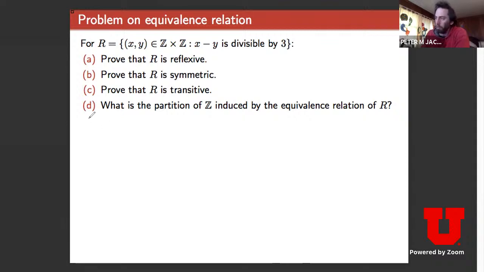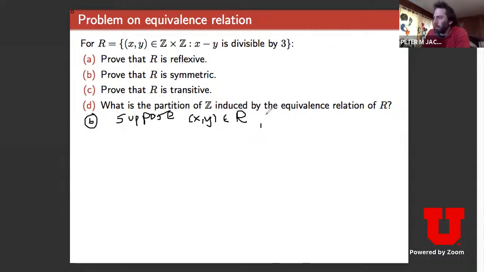So for part B, suppose xy is in R. What that means is that x minus y is divisible by 3.